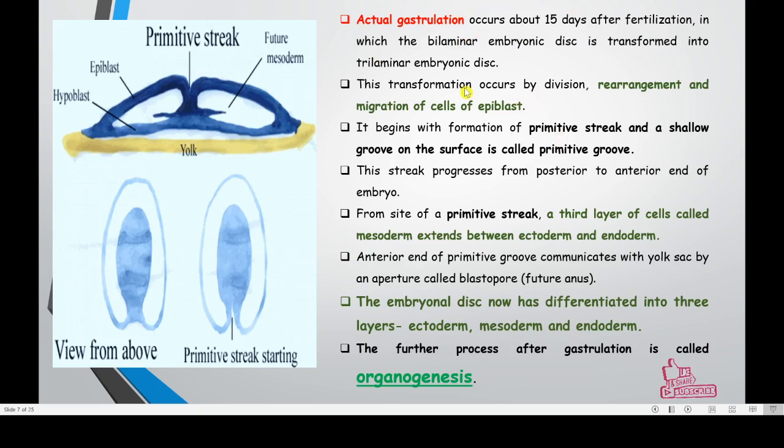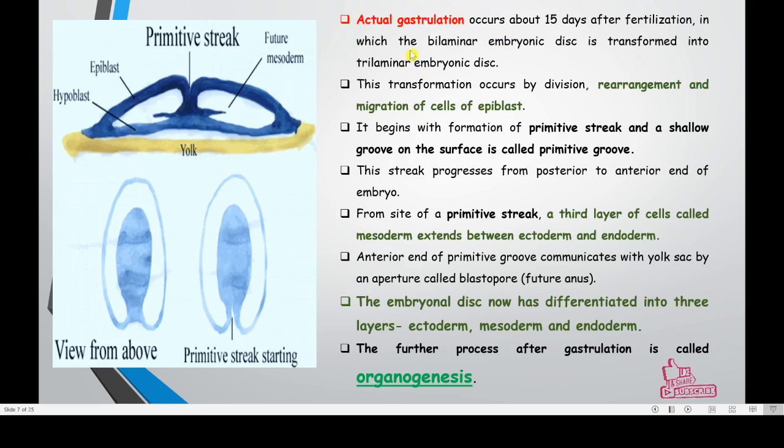Now when these two layers transform or convert into three layers, then we will say gastrulation has occurred, and the result that we get will be the gastrula, which will again undergo certain changes.